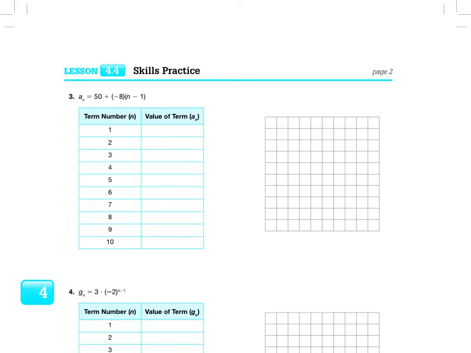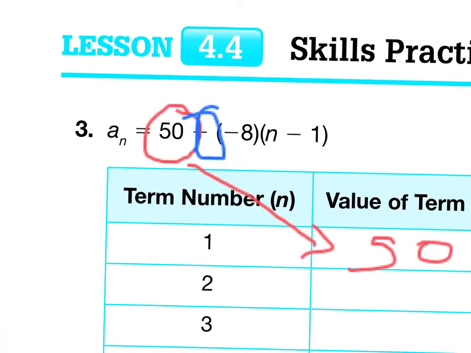Here's the next page. This one has some negatives, so I'm going to get you started to make sure you understand. This is your first term, and this is arithmetic. Is that a plus? Yeah. So it's a -8, so it's going to be going down 8.